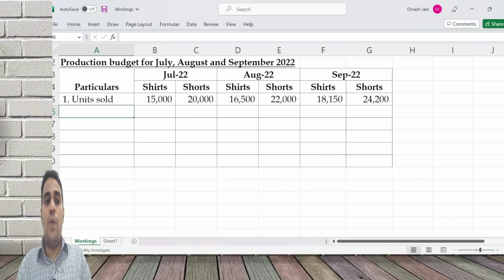Start with units sold, particulars, 3 months with 2 subcolumns each.